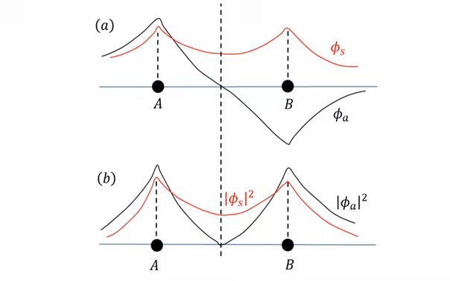That is, in the middle of the molecule, the probability for the symmetric wave function, phi S mod square, is much higher than for the anti-symmetric wave function, phi A mod square. So phi S mod square is greater in the center as compared with its anti-symmetric counterpart.